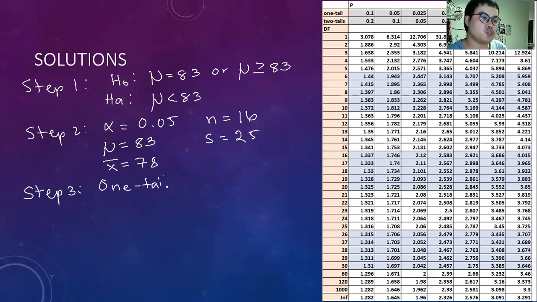Let me write this in detail. Since this is one-tailed, we can go to the significance level, which is 0.05. Our sample size is 16, then our degrees of freedom is 15 because 16 minus 1.